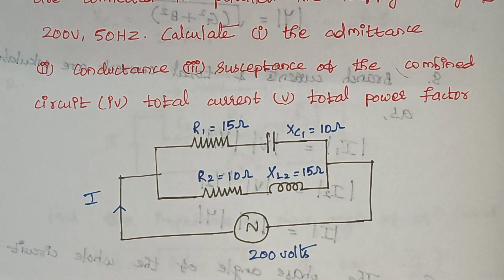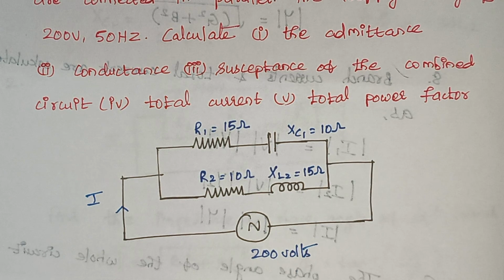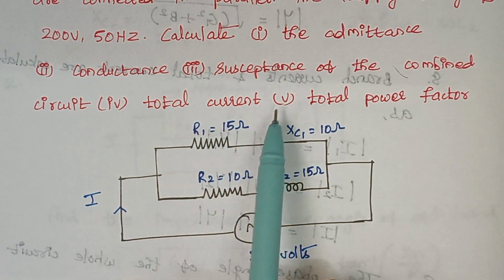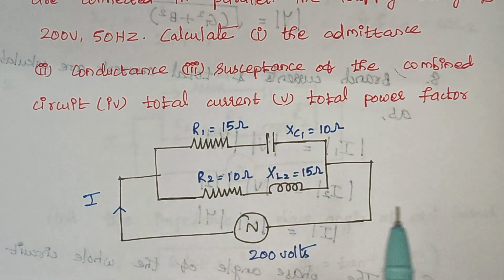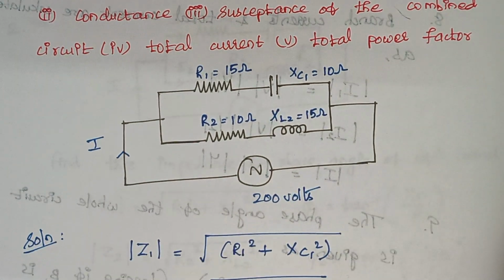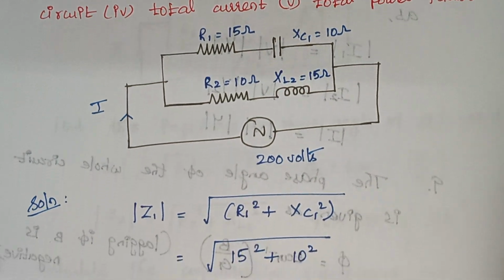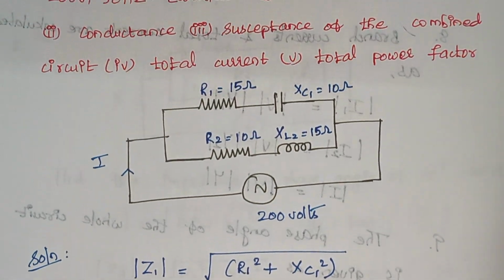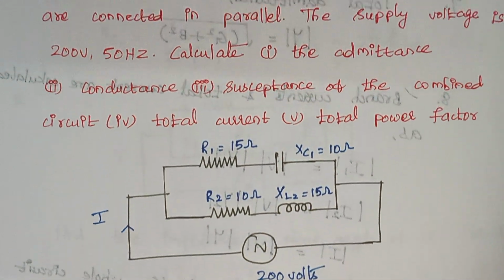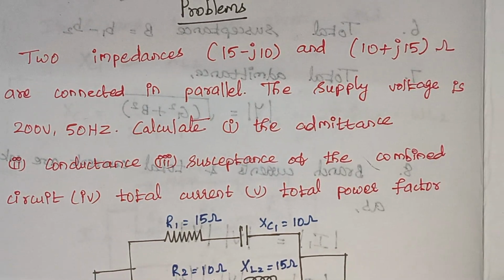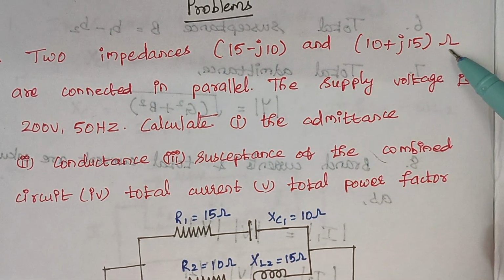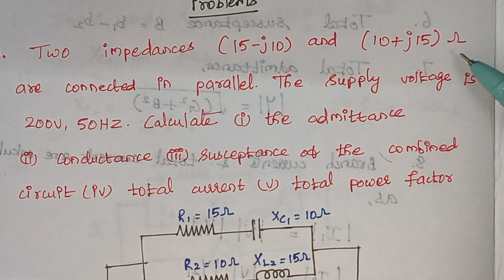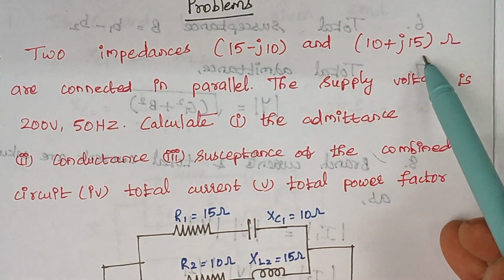So the first thing is Z1. So how to calculate Z1? It is nothing but square root of R1 square plus XC1 square. Since it is represented in ohms, you should be careful with this. Here you see the unit is given as ohms. Therefore the values of XC and XL are given.